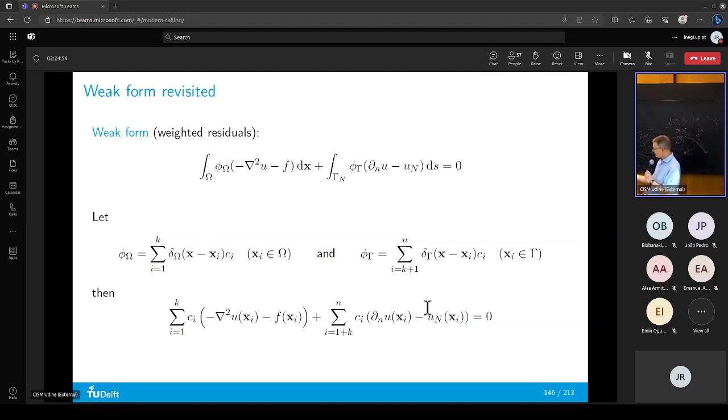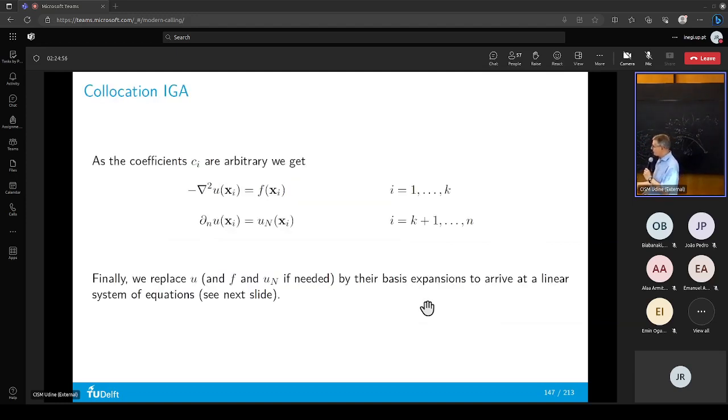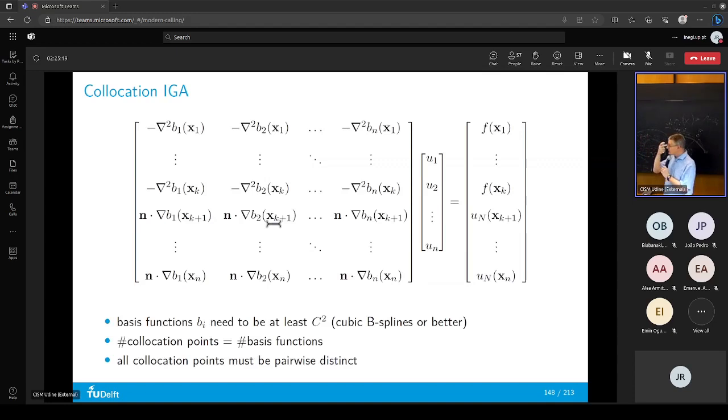This gives us, at the end of the day, this linear system. We get k sampling points in the interior and n minus k sampling points on the Neumann boundary. Then same game as before, we substitute u and maybe f or un by the basis expansion, and get this system.